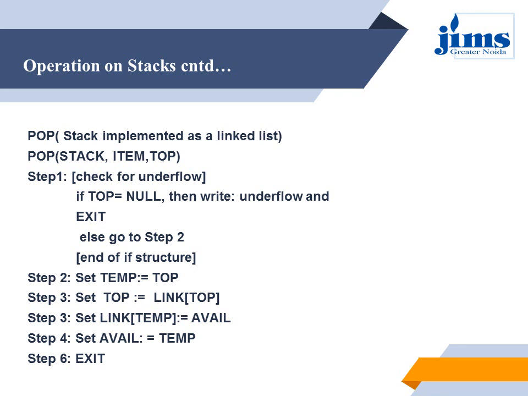That means the second node will now become the top element, and with this step 3, the top node, which is now pointed to by the temp node, is free from the linked list representation of the stack. So the first node has been deleted. Now, once it has been deleted, I have to return this deleted node to the avail list. To do so, I'll set the link of the temp node to avail and set avail equal to temp, and I'll exit.